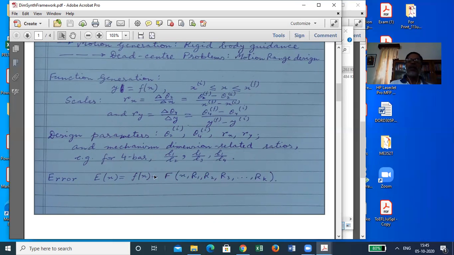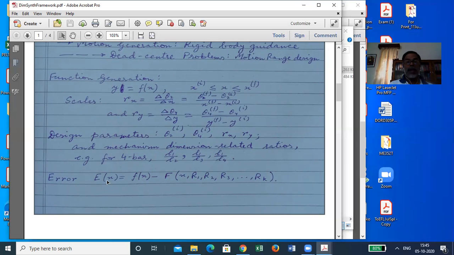Now, whatever is the difference between the two, that would define the error function. The way to design it may be to reduce the error or make the error 0.